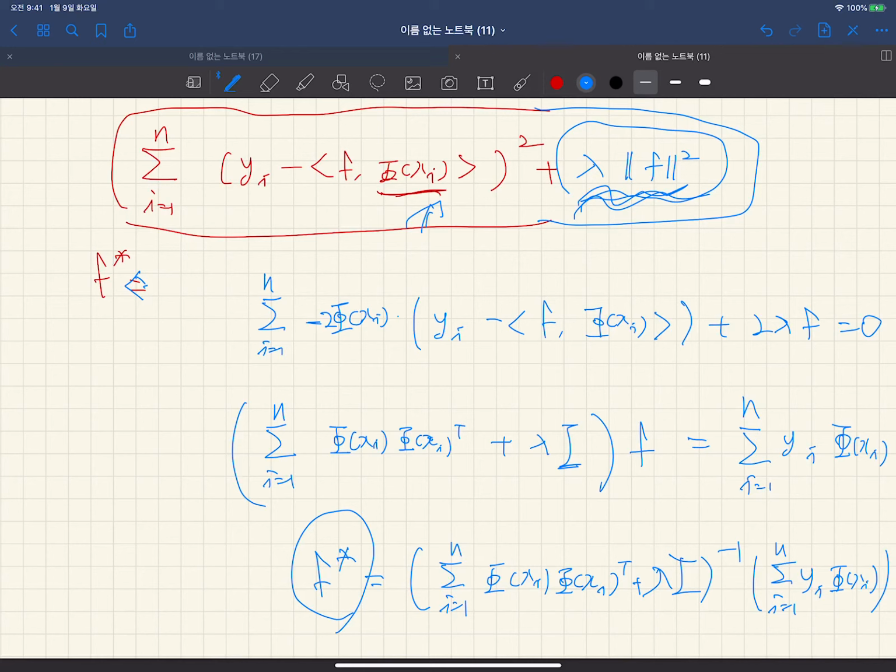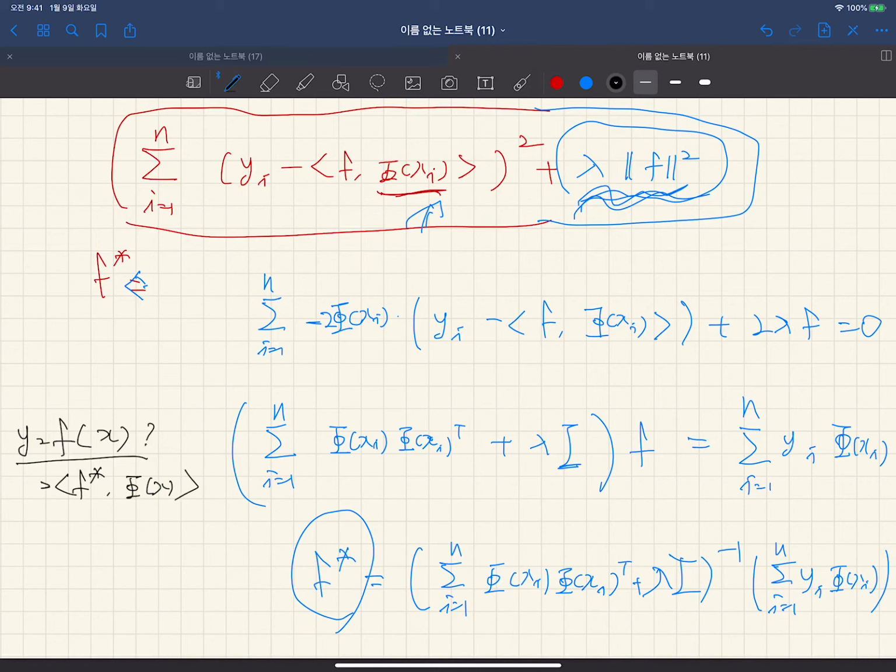What is our prediction from f star? This is equal to the inner product of f star and φ(x).